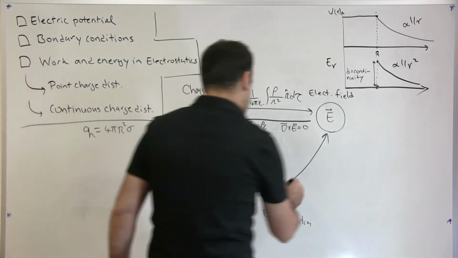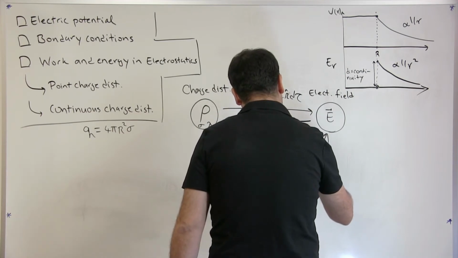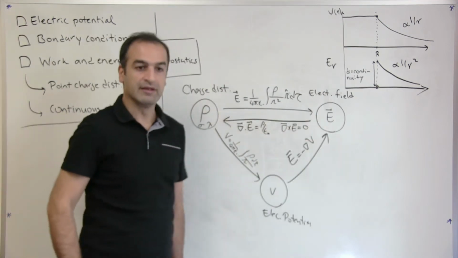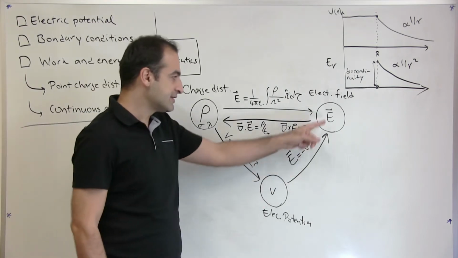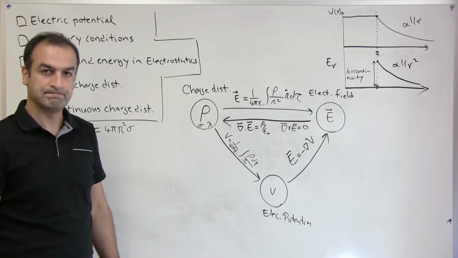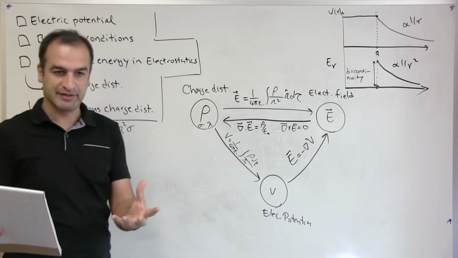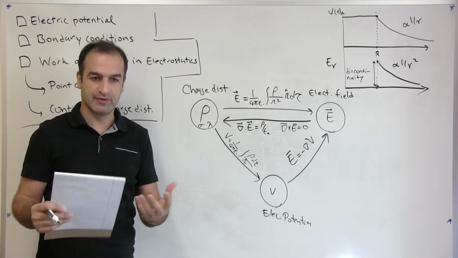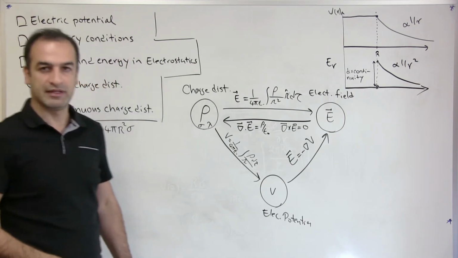Once you have the electric potential, you can take the gradient of the electric potential and calculate the electric field. So this is a way to calculate the electric field without doing this integral. The whole idea is to give you an overall picture of why we use electric potential, why it is useful, and mathematically what kind of tool it provides us with.